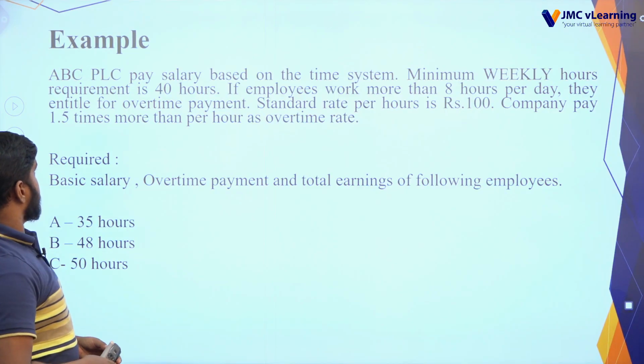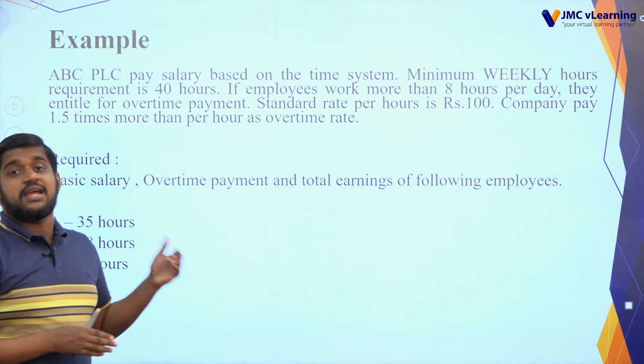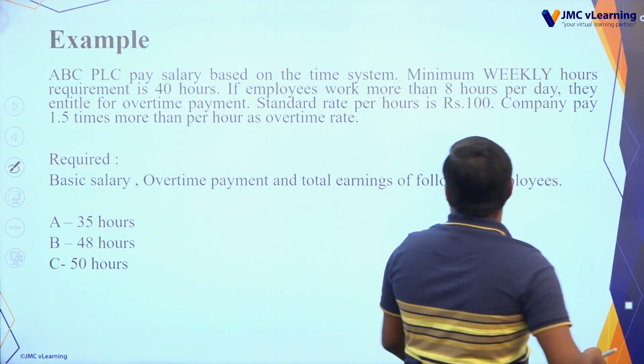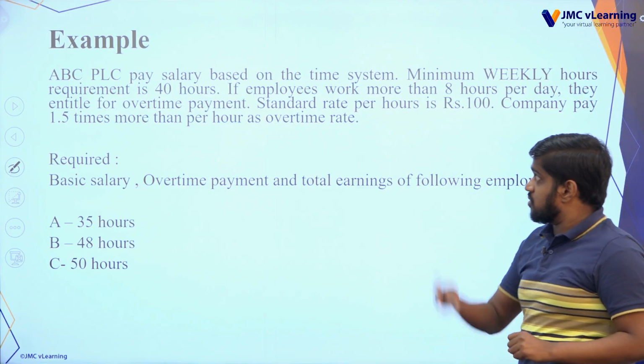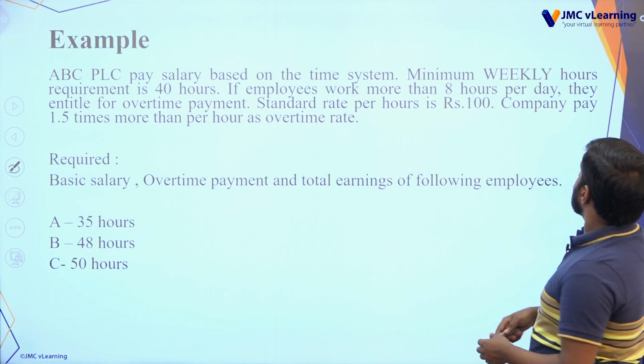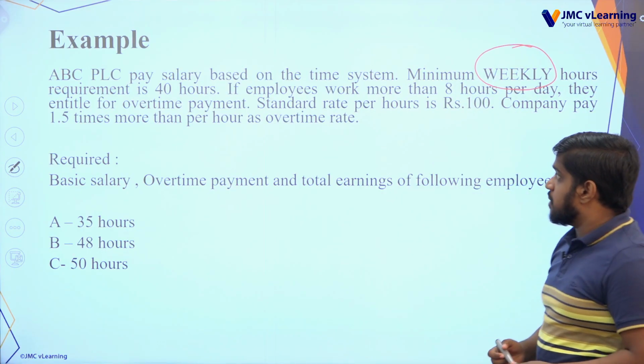Then they say ABC PLC pays salary based on the time system. Actually, we can apply this overtime payment only if the organization pays salary based on the time based system. Okay, time based method. Minimum weekly hours requirement is 40 hours.